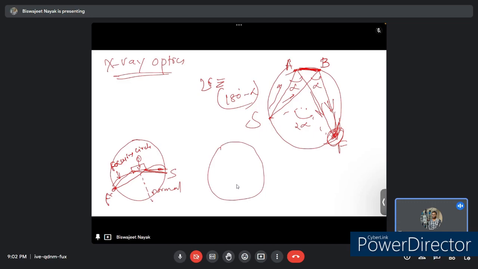This is forward reflection. And for back reflection, this is a focusing circle. This is a diffractometer circle.